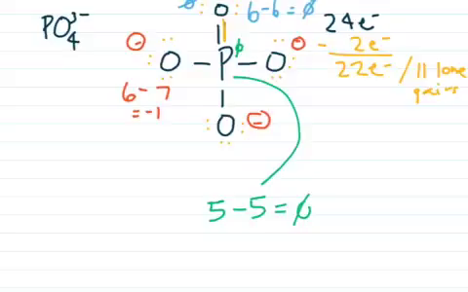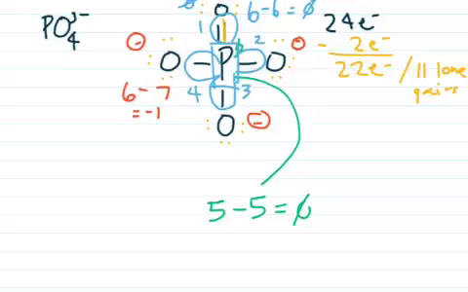So again, we're going to look at the central atom, and we're going to count how many electron groups are around there. So we have 1 double bond, 1, 2, 3 single bonds. So it gives us 1, 2, 3, 4 electron groups around it. So we know that 4 electron groups is known as a tetrahedral.